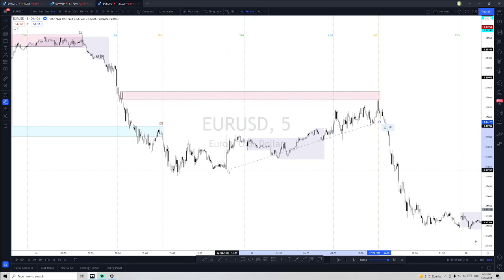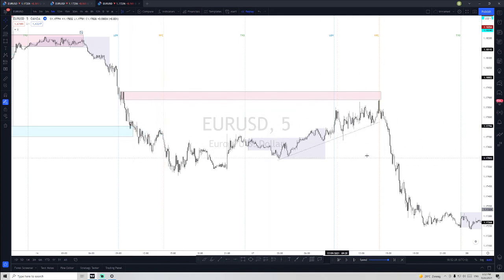You could have placed an order there, maybe with half the risk. Instead of half a percent, you would have done 0.25, or if you're usually risking 1%, you could have taken half the risk within that area and then taken it, because the liquidity was there. The liquidity for the market to trade to the downside was available.